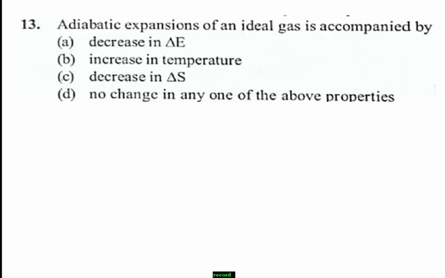Option C, decrease in delta S. Delta S means it is the change in the entropy. Option D, no change in any one of the above properties. Delta E, change in the internal energy. Increase in the temperature. Option C, there is a decrease in the change in the entropy. Which one is the right answer?